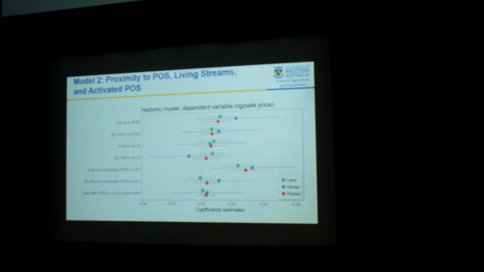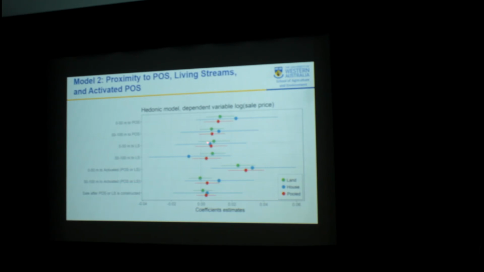Okay, and here we see that the impact of living stream becomes a little bit less and even not significant, strictly speaking, for houses. But for the pooled model, it's at 10% significant. But what we see is that the impact comes from the existence or presence of this infrastructure on that lot, or on that public open space which is next to houses.